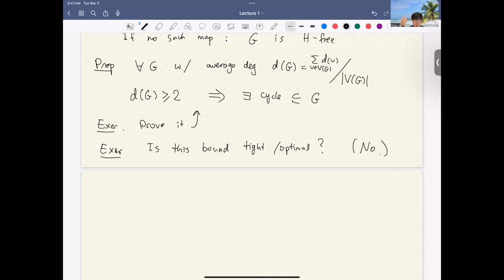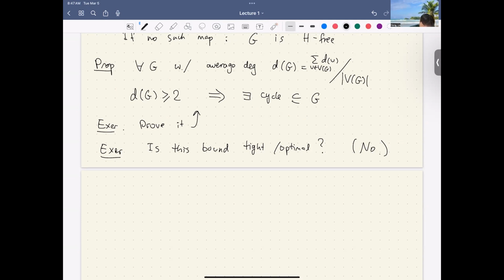Now, after we ask a question about the hypothesis, we can also ask a question about the conclusion. We know the appearance of a cycle, but what can we say about the cycle? Ideally, larger substructures are nicer, right? Can we have a longer cycle? And the answer is also no. We have no control.